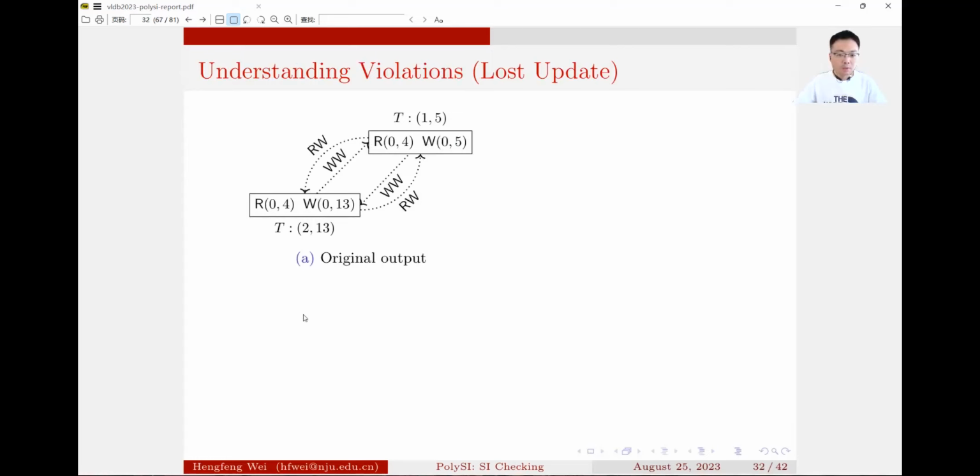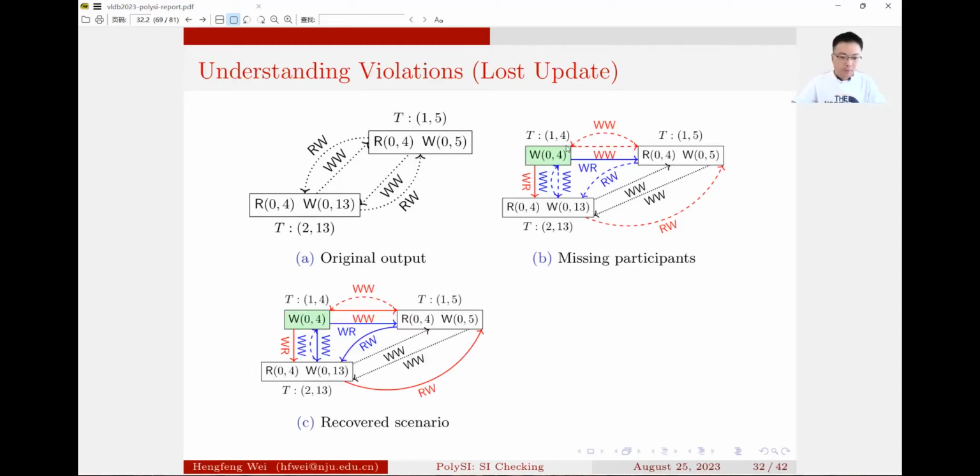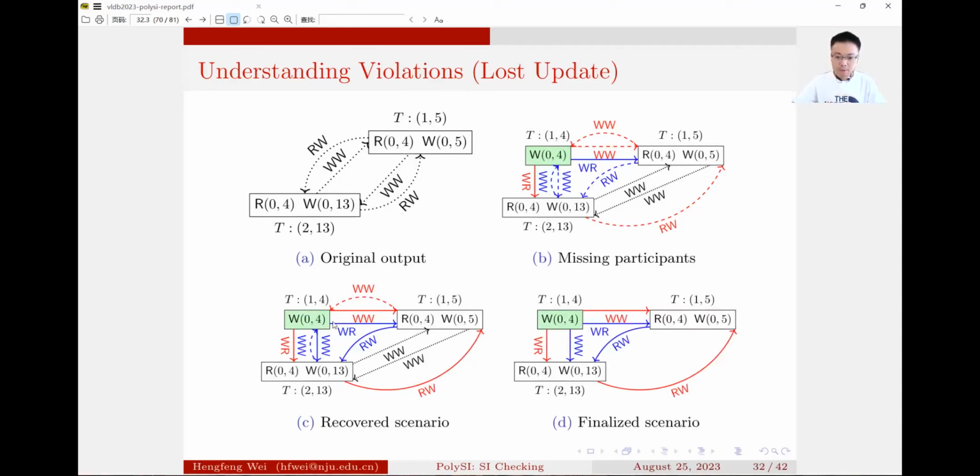When the norm-set solver finds a violation, it will output a cycle, but this cycle may be too simple to understand. So PolySI will restore the missing participant transactions, recover the dependencies between these transactions, and finalize them to get an understandable counterexample.